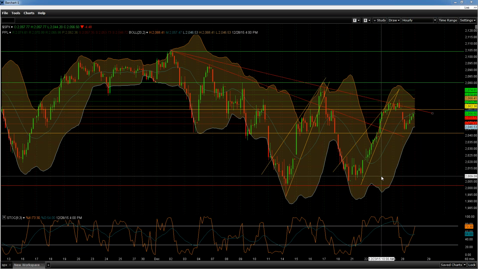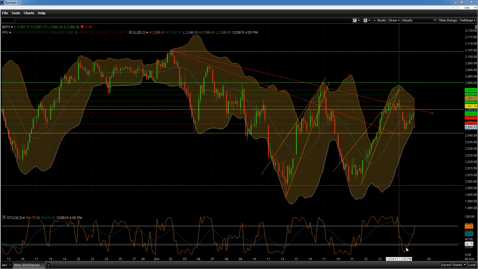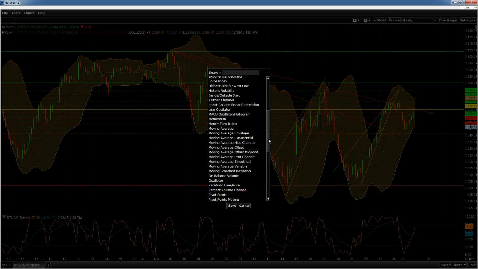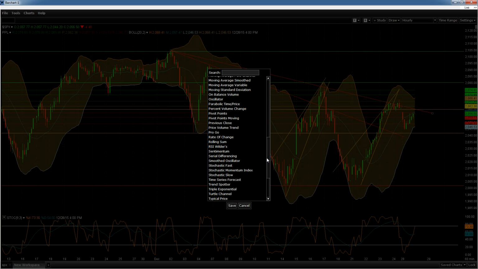You have the stochastics. So that's how you set the chart in place. You add the stochastics, you go into study, you go down, use the fast stochastic. You can always use slow stochastics too.